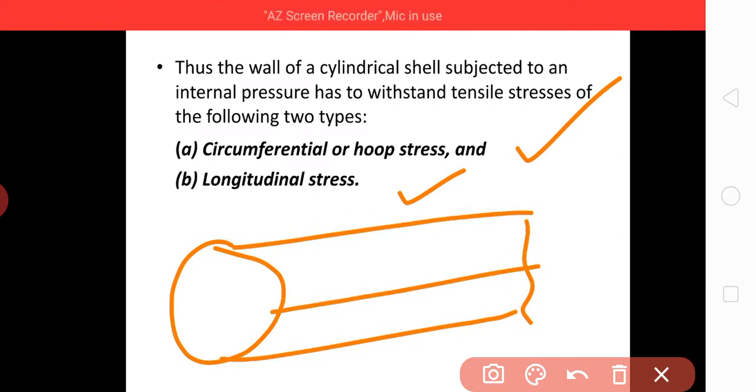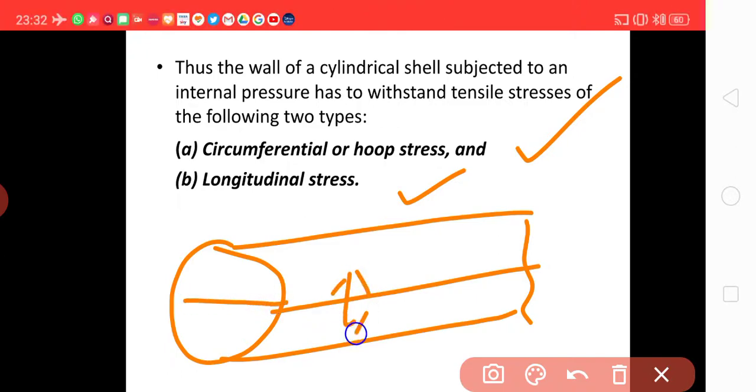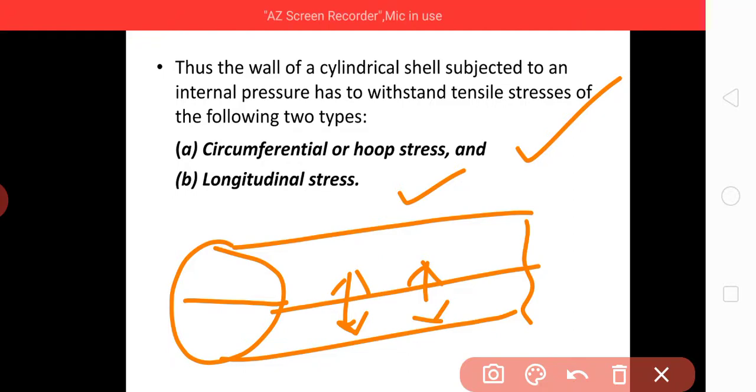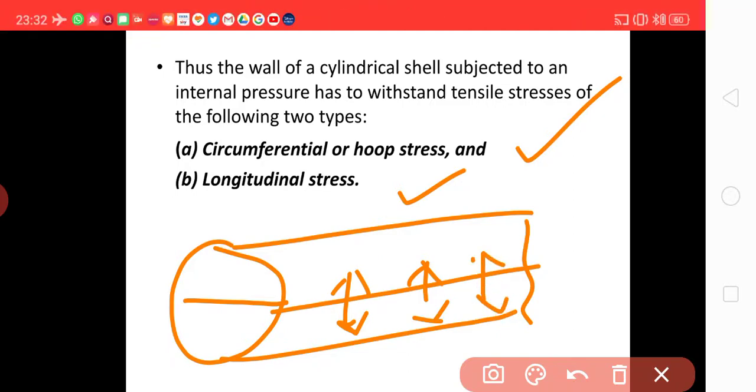If this is the cylindrical shell and it is bursting into two troughs like this, then there will be stresses here. These are tangent to the surface of the wall, you can see. Then this is called circumferential or hoop stress.